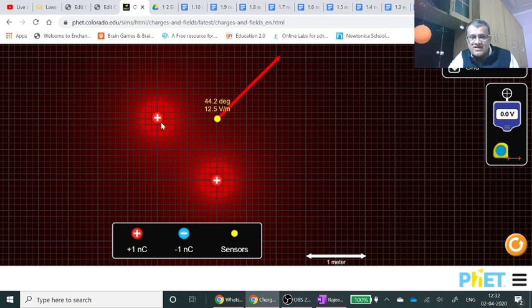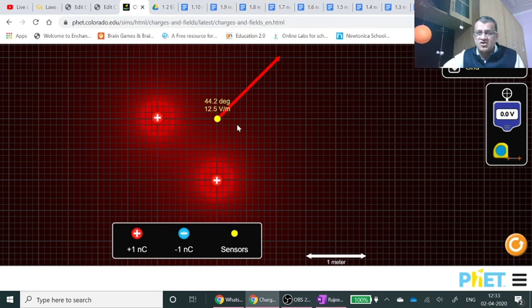We have also seen what happens if instead of a plus charge I put a minus charge. Right now, due to this plus charge, the field at this point is towards right. Due to this plus charge, the field at this point is upwards. So you have to find out.